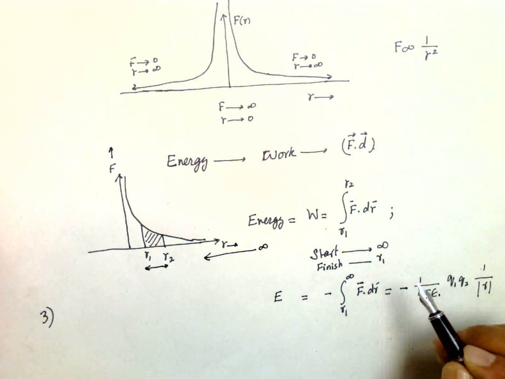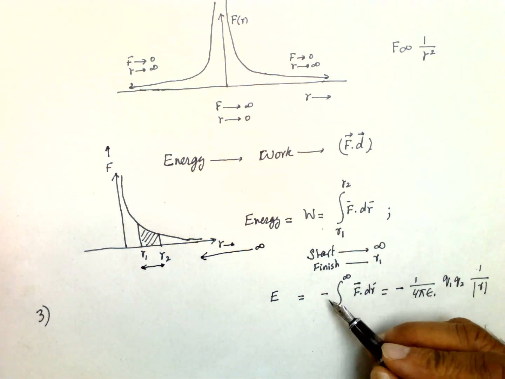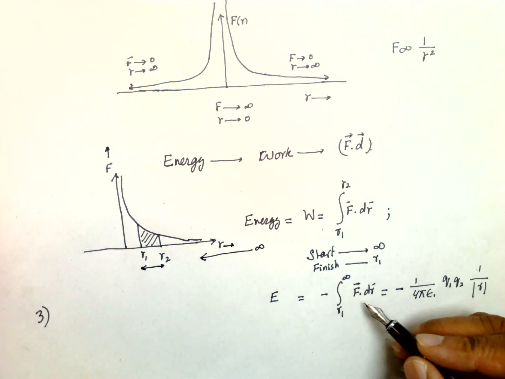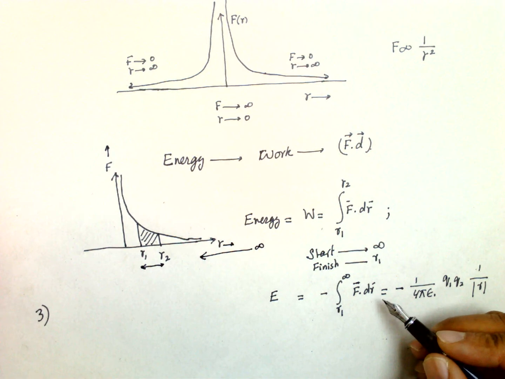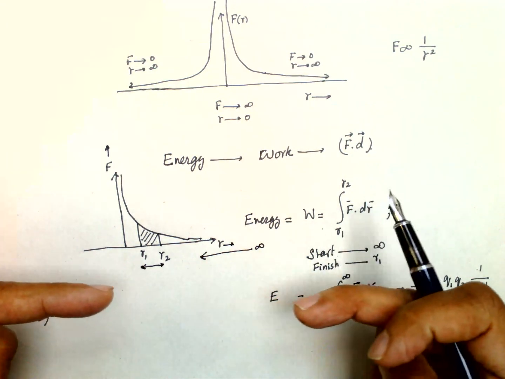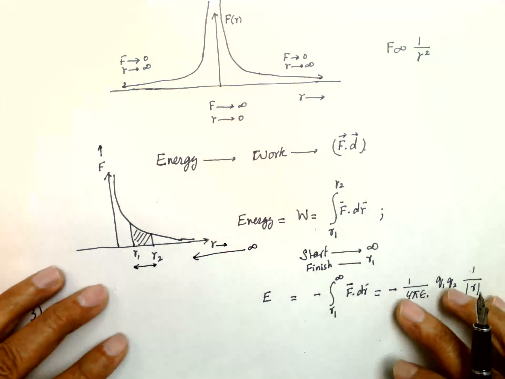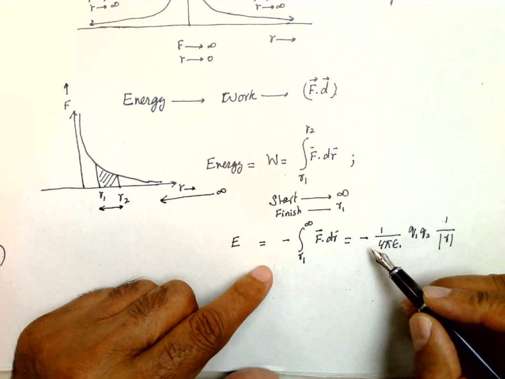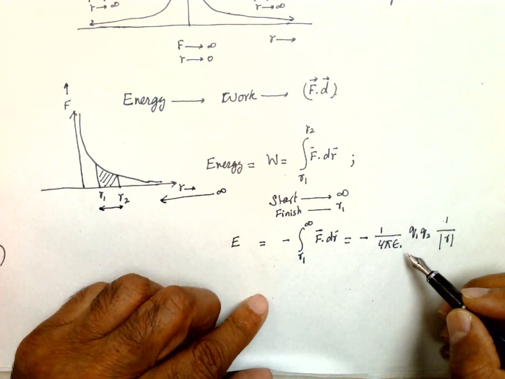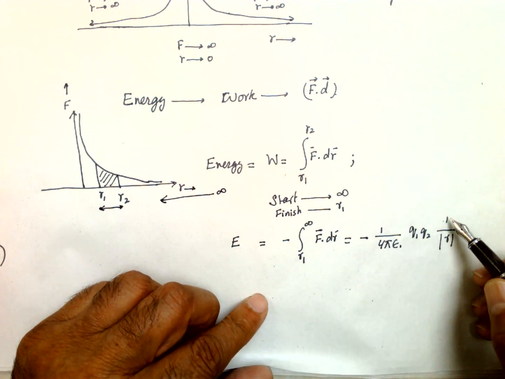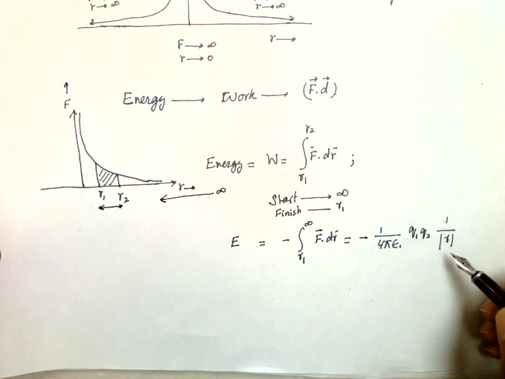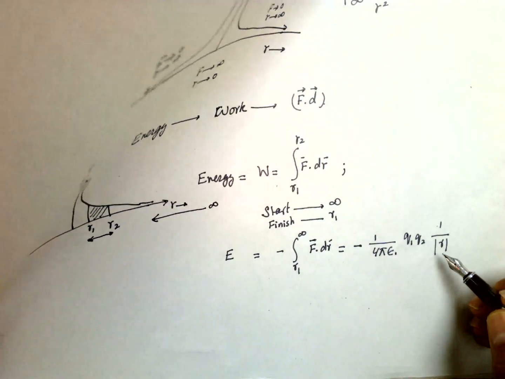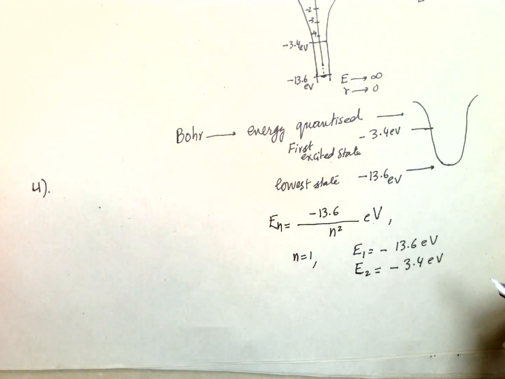So this is minus the integral from R1 to infinity of F dot dr. Because the force and distance directions are opposite, this is numerically equal to 1 over 4 pi epsilon, Q1 Q2 times 1 over modulus R. So it depends only on the inverse of the distance.